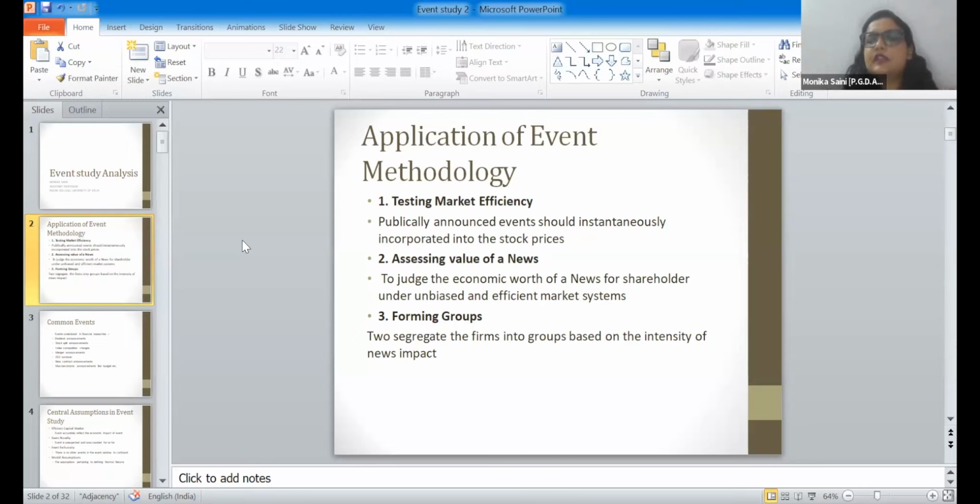So we can use event study to find out whether the announcement of a particular event has been incorporated in the stock prices or not, or how much time it takes to incorporate all the publicly available information. We can also assess the value of a news, and it can be used in forming groups, where we segregate the firms into different groups based on intensity of the news impact.